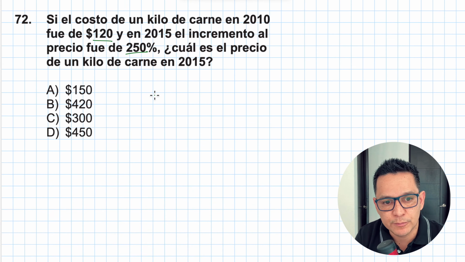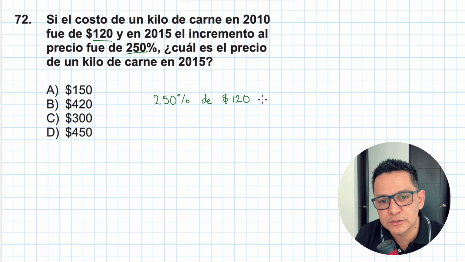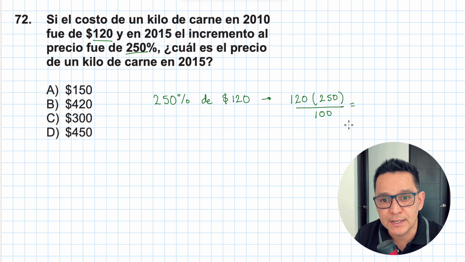So let's write it here. To calculate 250% of 120, it's enough to write 120, multiply it by 250, and then divide all of this by 100, right? All right, let's do this operation.